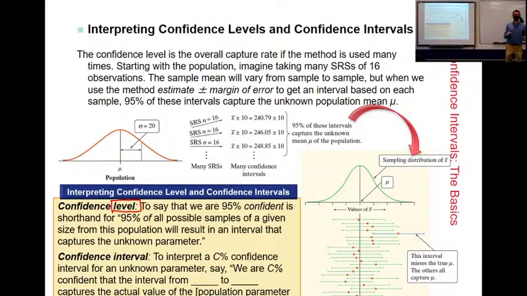The other thing you might get asked, and this is the trickier one, is to explain the confidence level. We can be asked this two different ways. Number one is that it says to interpret the confidence level instead of the confidence interval. So pay really close attention to which one they're asking for.